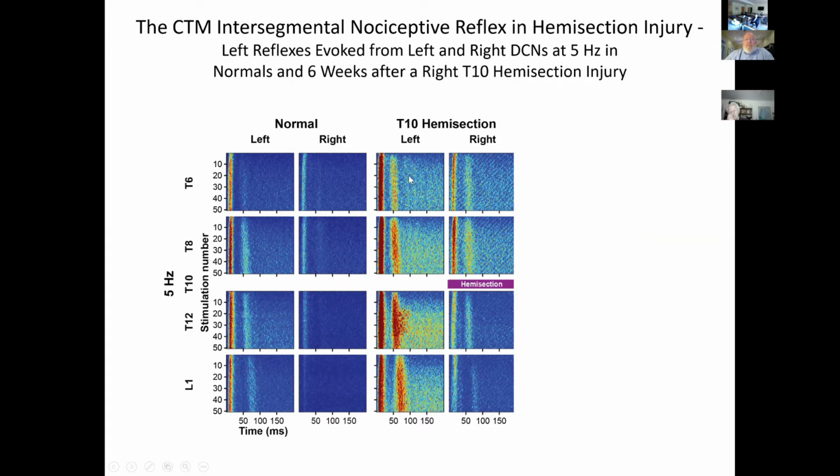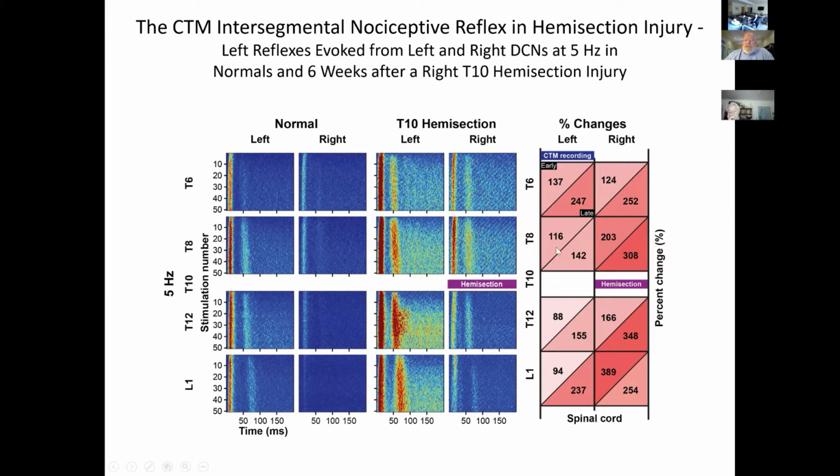And even above the injury on the uninjured side, so the reflexes changed everywhere. There's global nociceptive hyperreflexia. And if we wanted to quantify that, these are the percentages by which things have increased, either for the early component in the upper left triangle and the late component in the lower right triangle. So there's huge increases in these reflexes physiologically after this injury.